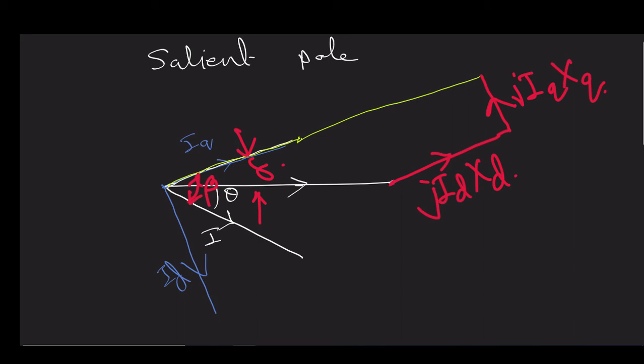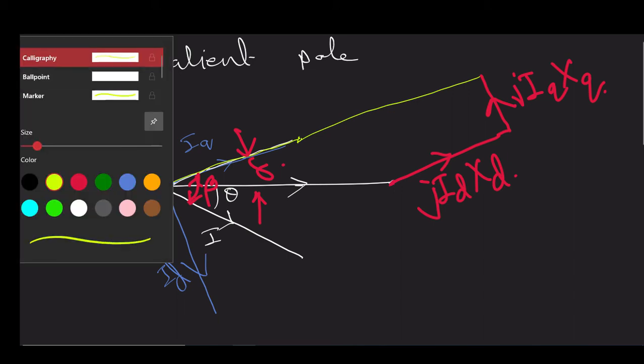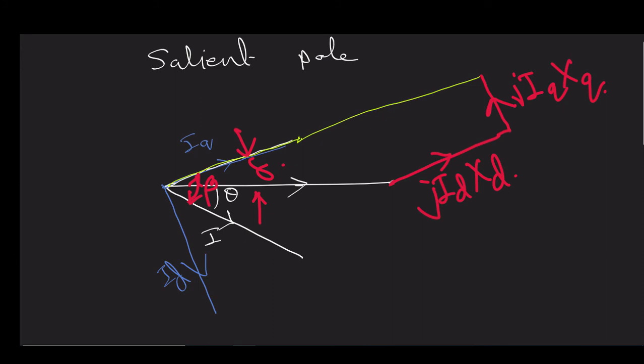Now let us proceed. What we can write here is very important, that P will become 3V.